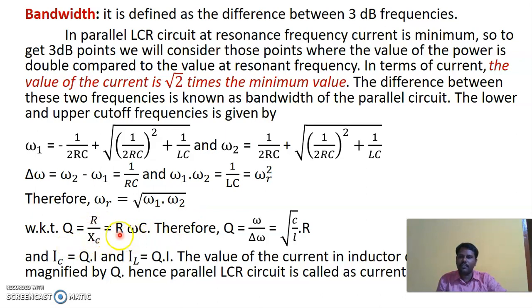XC value is 1 over omega C, therefore R into omega C. The quality factor in terms of bandwidth is given as omega divided by delta omega, that is equal to square root of C over L dot R. The current in the capacitor is given as Q into I, and in case of inductors it is also Q into the current. The current in the inductor or capacitor is magnified by Q, hence the parallel LCR circuit is called a current magnifier circuit.